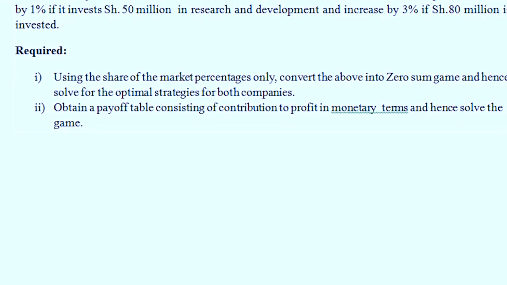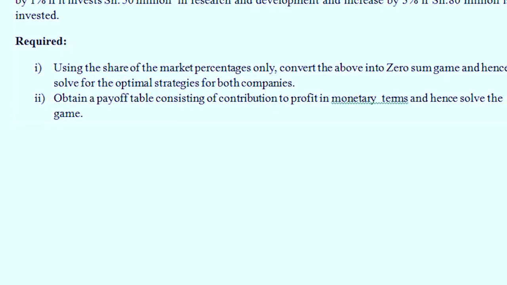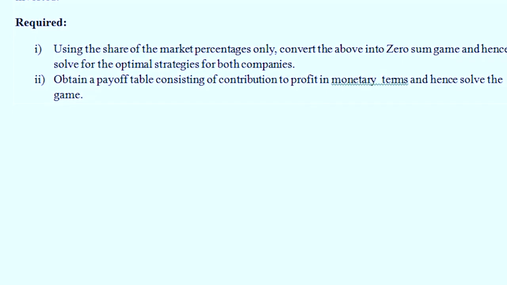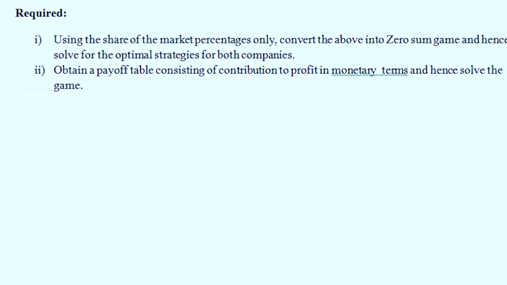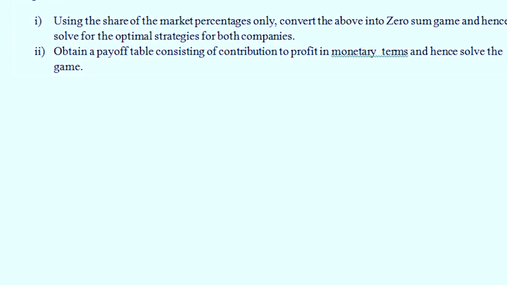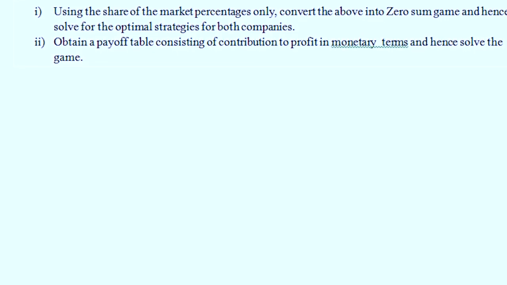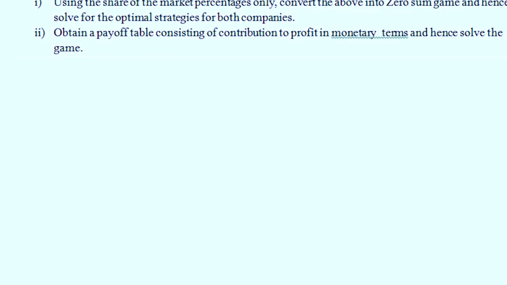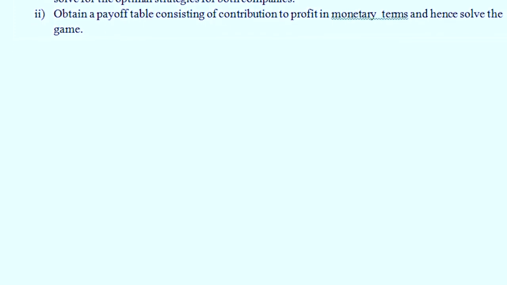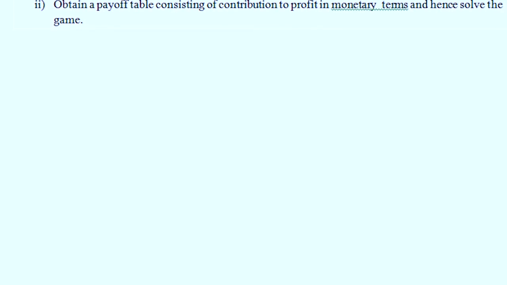Required. Roman 1. Using the share of the market percentages only, convert the above into a zero-sum game and hence solve for the optimal strategies for both companies. Then Roman 2, obtain a payoff table consisting of contribution to profit in monetary terms and hence solve the game.